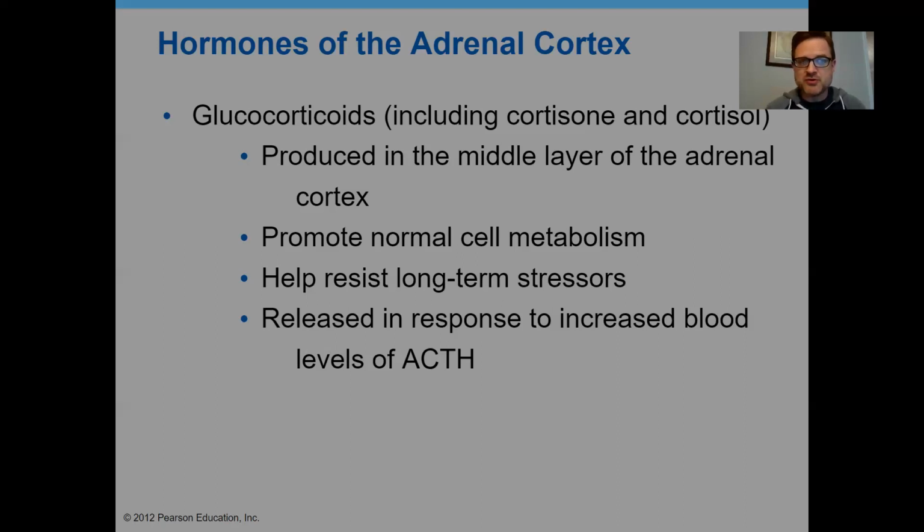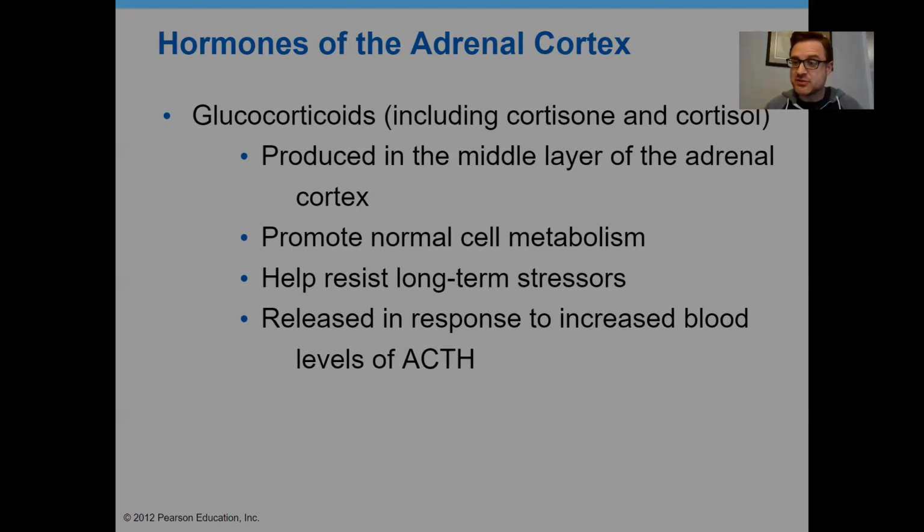So think of the fight or flight response as a short-term response to stress: increase your blood pressure, increase your heart rate, it increases your blood sugar levels to help you, if the rabid cheetah is coming toward you, you've got to get away from it. Long term, that would be very negative for your body, right? So glucocorticoids like cortisone or cortisol sort of counter that.